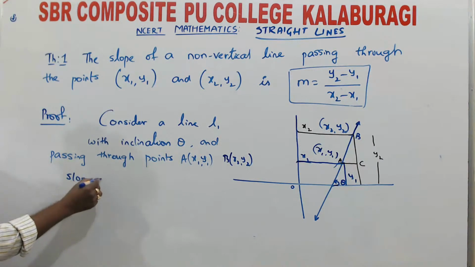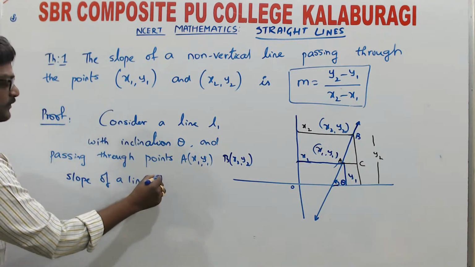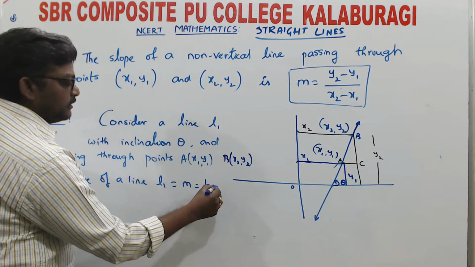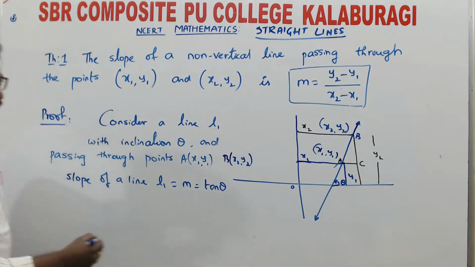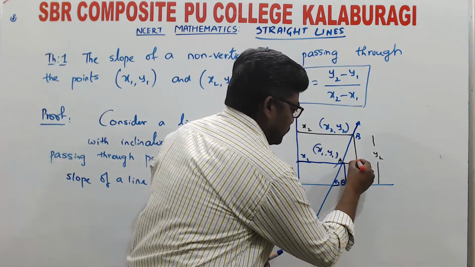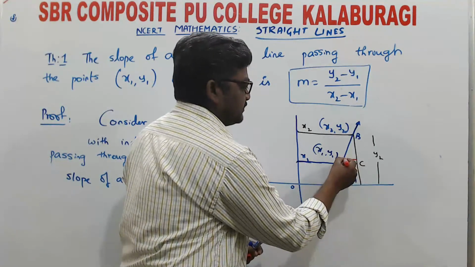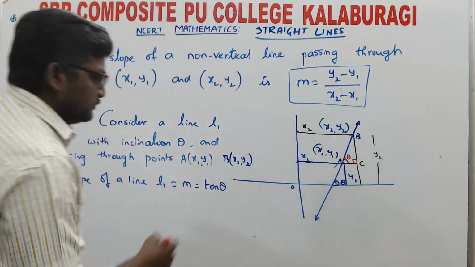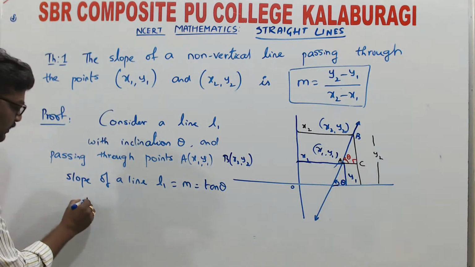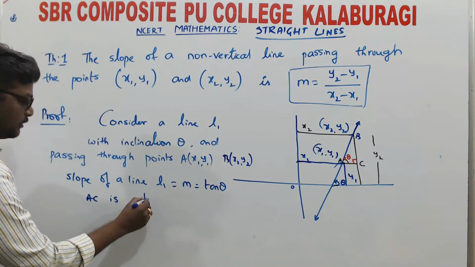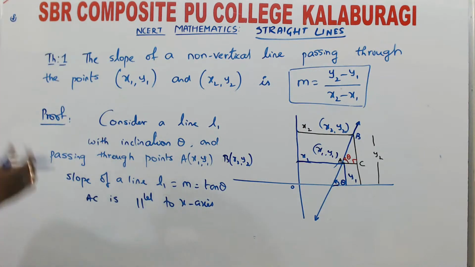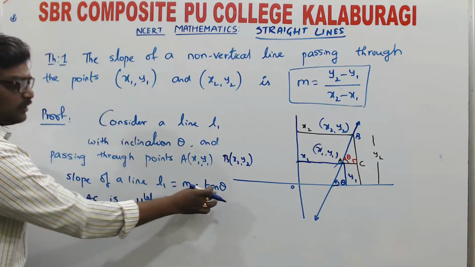Slope of line L1, we know that m equals tan theta. Here this is perpendicular. Here theta, this also theta. We extended AC. Yes or no? We extended AC, which is parallel to the x-axis.